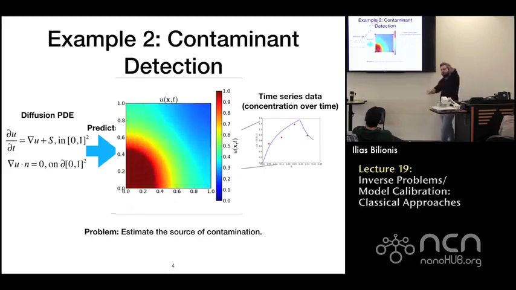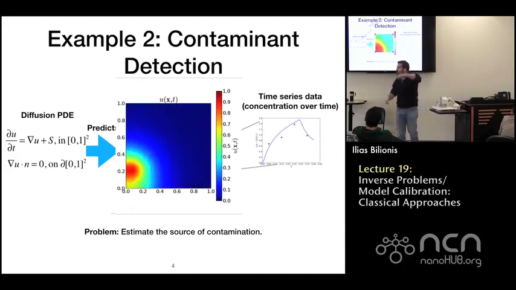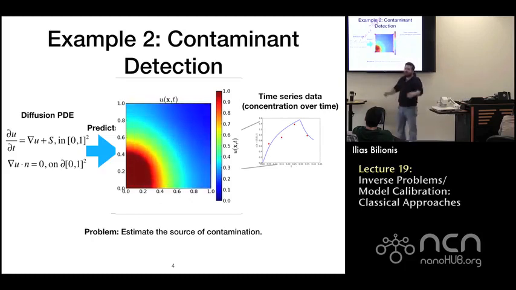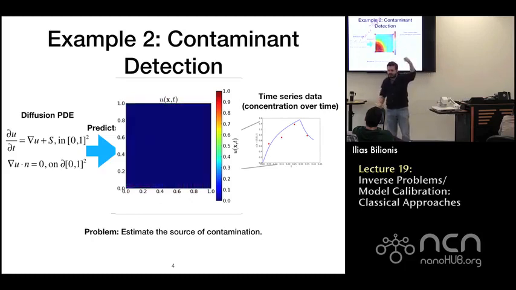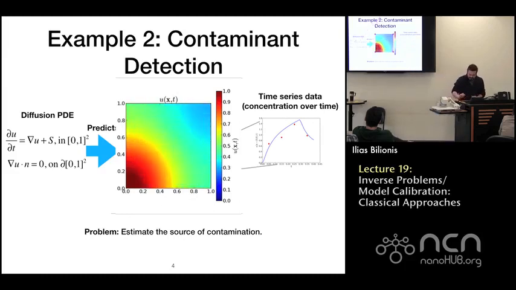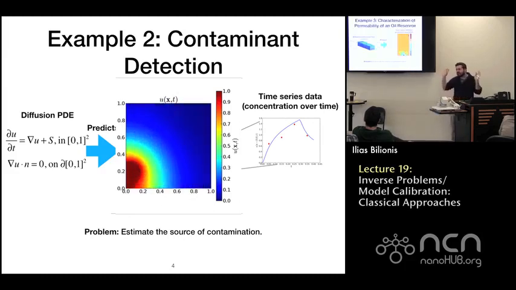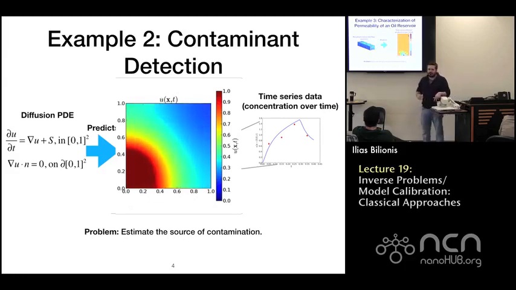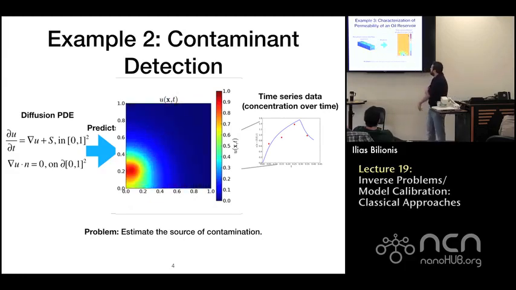This basically puts a drop of the chemical at the location x0, y0, and this is what you're looking for, the location x0, y0. But this is just another problem. I'm going to give you a homework on this problem. That's the problem you're going to do on the homework.